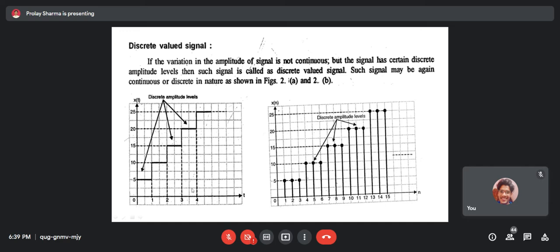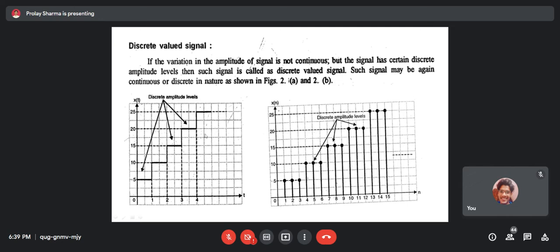the amplitude of the signal is changing in this discrete way. From first 5, then 10, then 15, but we are not getting the values in between 5 and 10.